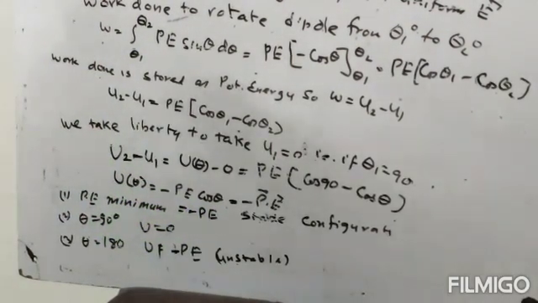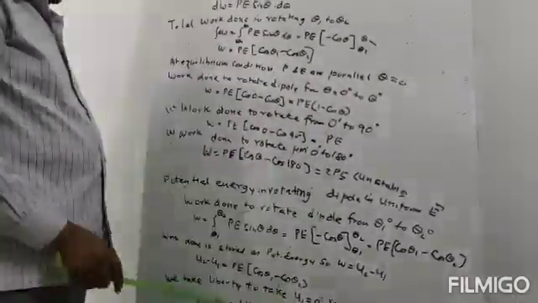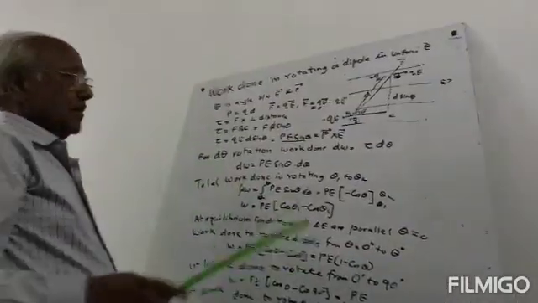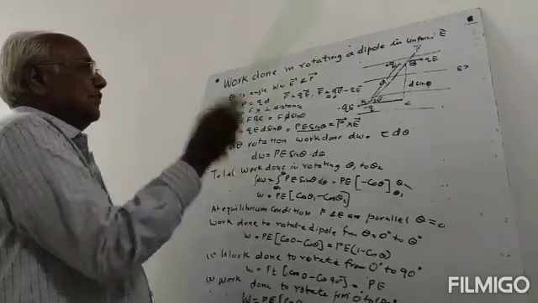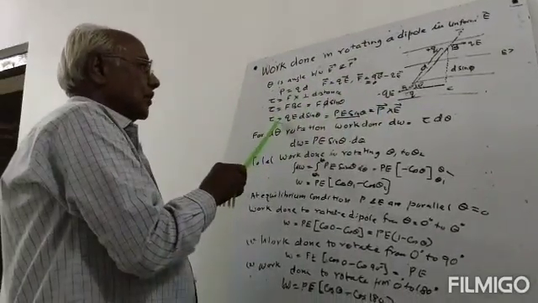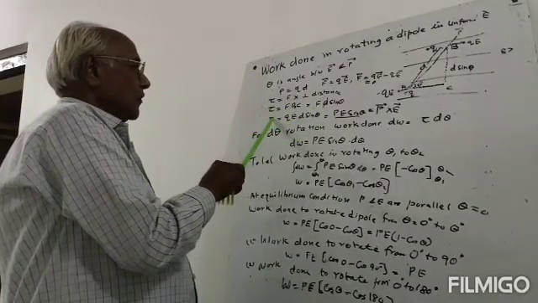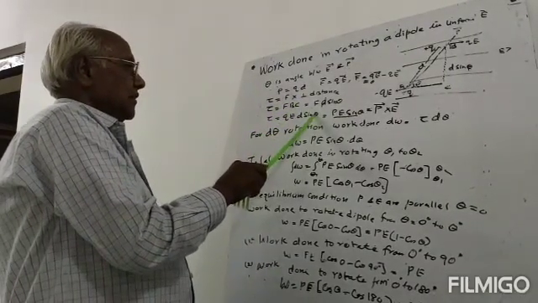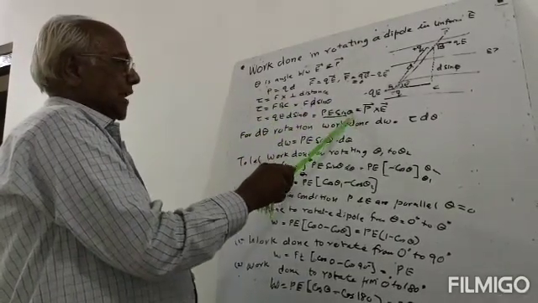In this way, we can find the work done when the dipole is rotating. We have already studied the dipole moment, and we have already studied the torque earlier, and torque was equal to QE sin theta into T. So this will be equal to PE sin theta.